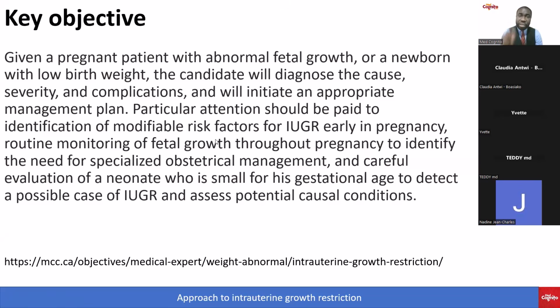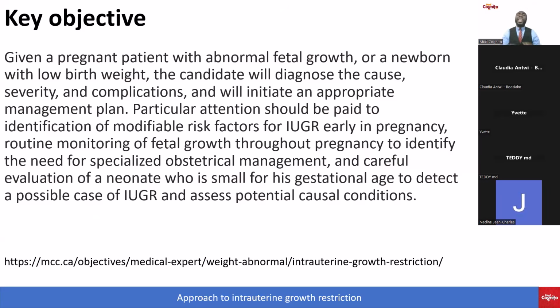Particular attention should be paid to identification of modifiable risk factors for intrauterine growth restriction early in pregnancy, routine monitoring of fetal growth throughout pregnancy to identify the need for specialized obstetrical management, and careful evaluation of a neonate who is small for his gestational age to detect a possible case of IUGR and assess potential causal conditions.